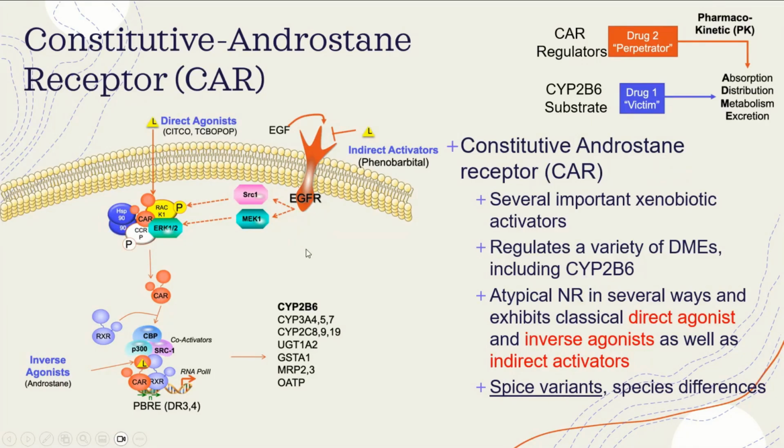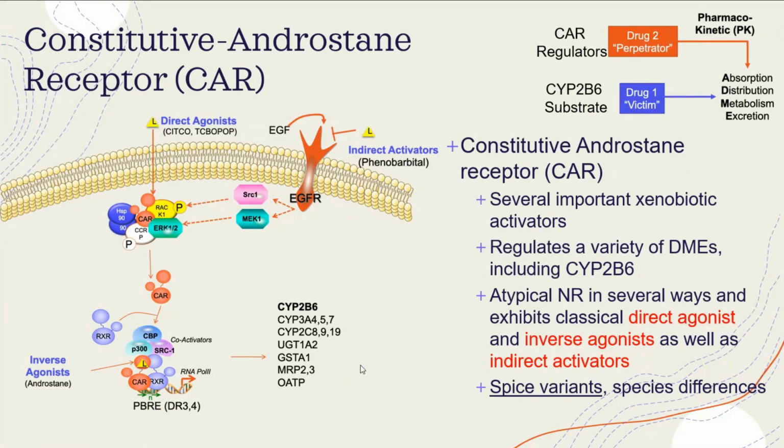And really the first activator of CAR that was known was phenobarbital, a very important sedative that we knew was regulating all of these genes, but it's not a ligand for CAR. It turns out that it regulates the activity of CAR through regulating a protein complex, allowing CAR to translocate to the nucleus and regulate gene expression.